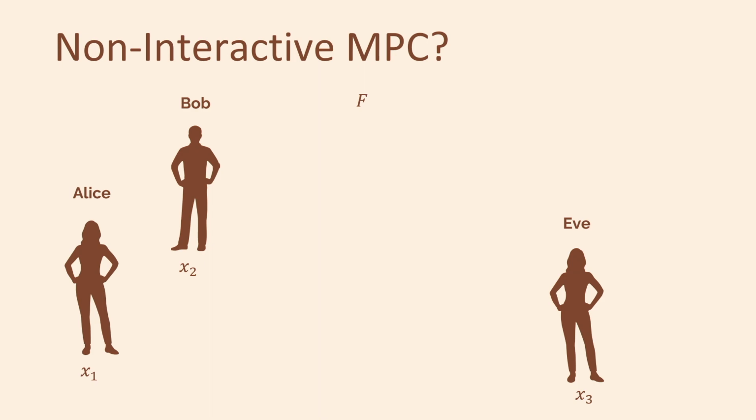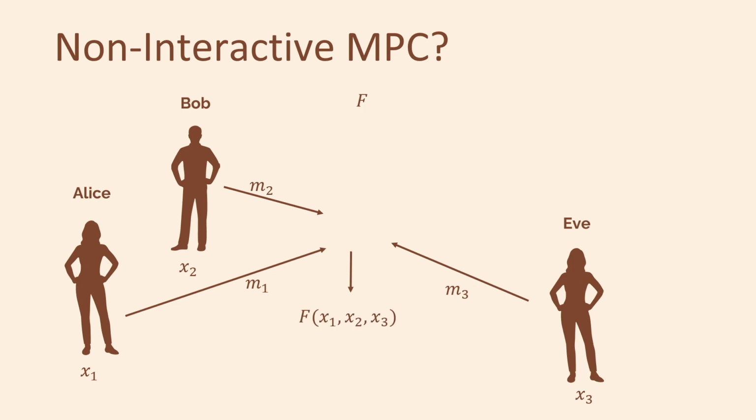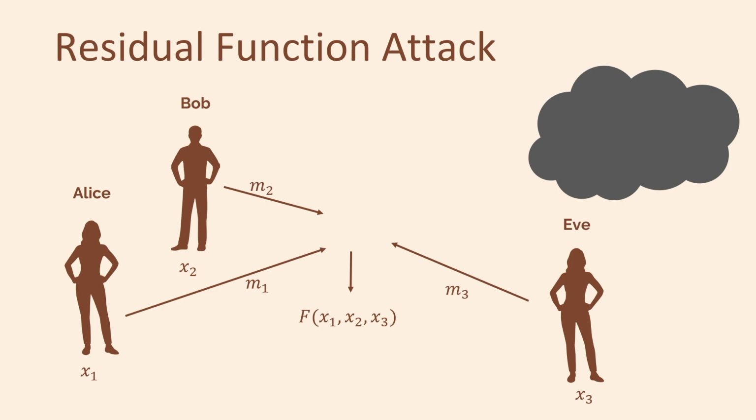So let's say these three parties, Alice, Bob, and Eve, want to evaluate some function f. And let's say that they have a one-round protocol to do this. Just by this protocol being one round, I can show you that it's insecure. Let's say Eve is malicious, so she can do the following attack. She can come up with any arbitrary x3 prime, and she can find the evaluation of f with respect to x3 prime and with respect to Alice and Bob's private inputs, just in her head, by replaying the protocol in her head.